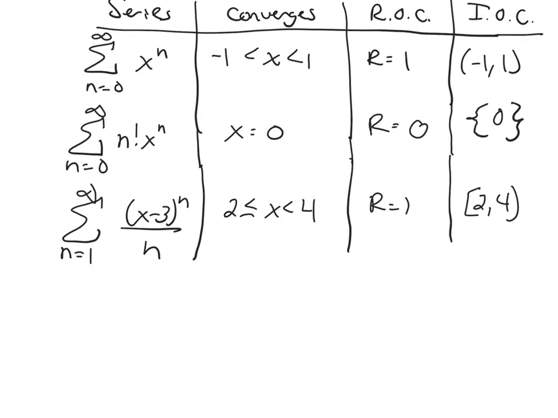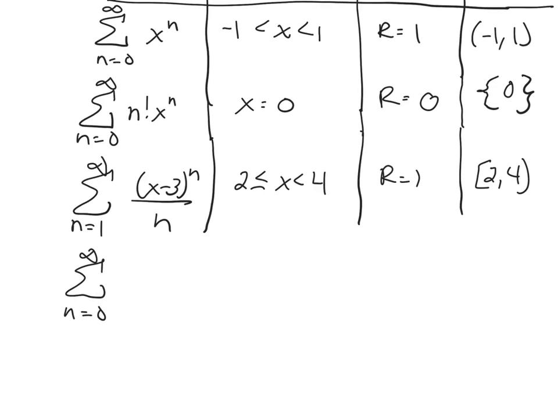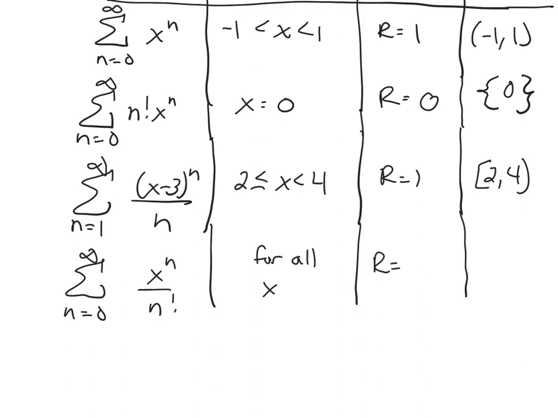And then the very last one I think we finished at the end was x to the n over n factorial. We said it converged for all x. My radius of convergence, infinity.